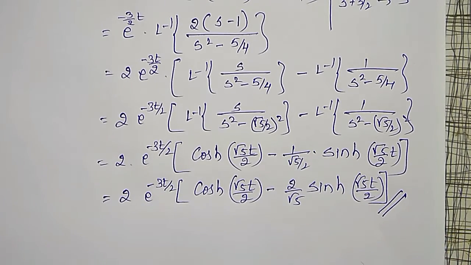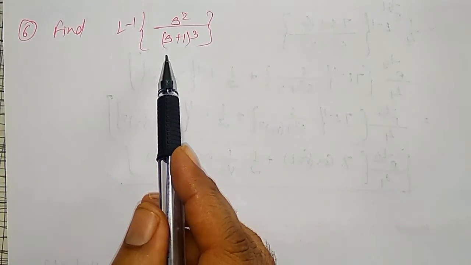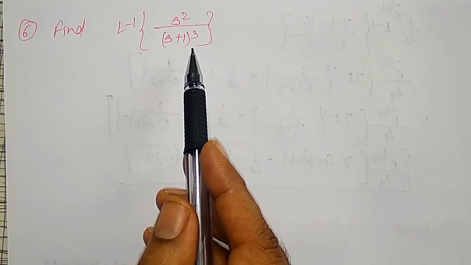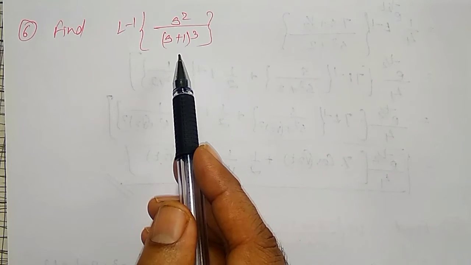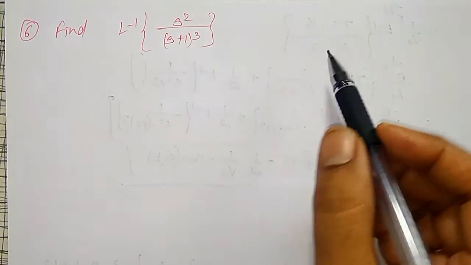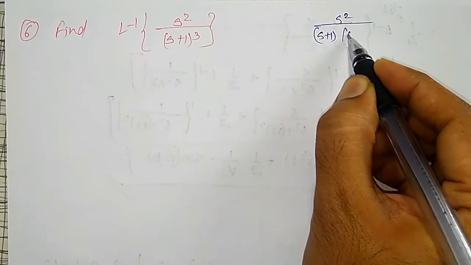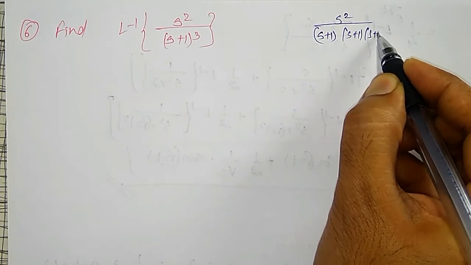Okay, like this. Another example, simple and fast I'm doing here. My next example is: find the inverse Laplace transform of s square divided by (s plus 1) the bracket cube. This one I can do by partial fractions also, because (s plus 1) cube is there. I can write it as s square divided by (s plus 1) into (s plus 1) into (s plus 1), like that.